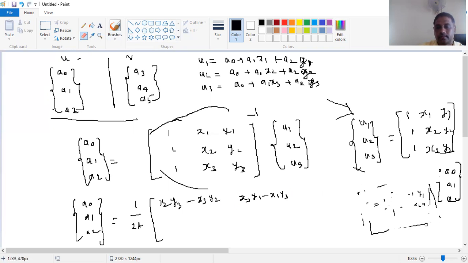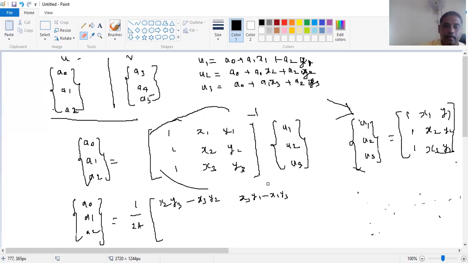So if you find the inverse of the matrix, you will get these values: x3 y1 minus x1 y3, here x1 y2 minus x2 y1.